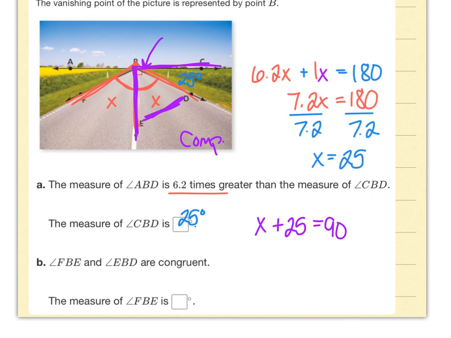So I'm going to find out what this x is, and once I know what that x is, I'll know what this x is because they're the same. So if I subtract 25, subtracting 20 gives me 70, subtracting 5 more gives me 65. X equals 65 degrees, and so if this is 65 degrees, so is angle FBE, 65 degrees. So I actually use complementary and supplementary angles to solve both parts of this problem.